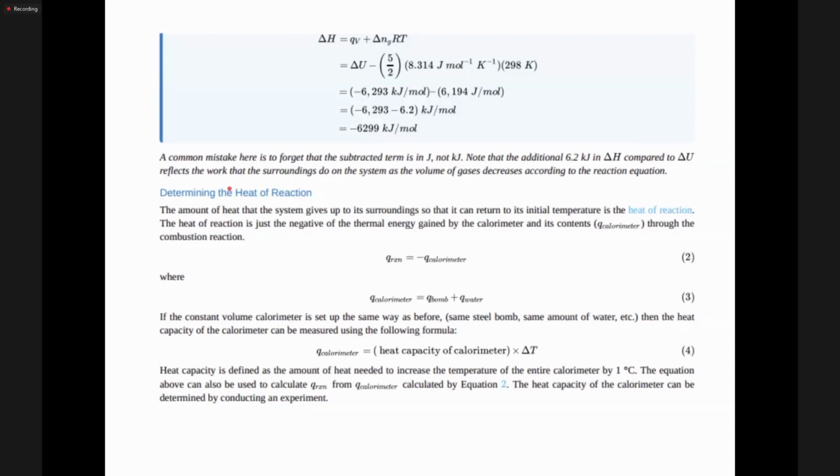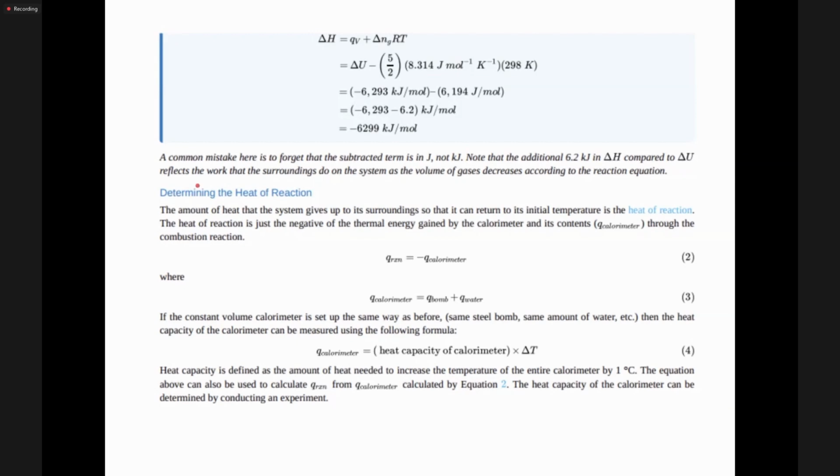Delta QV will be in terms of kilojoule, but delta Ng RT will be calculated in terms of joule. The additional 6.2 kilojoule in delta H compared to delta U reflects the work that the surroundings are doing on the system, as the volume of the gas is decreasing according to the reaction equation.